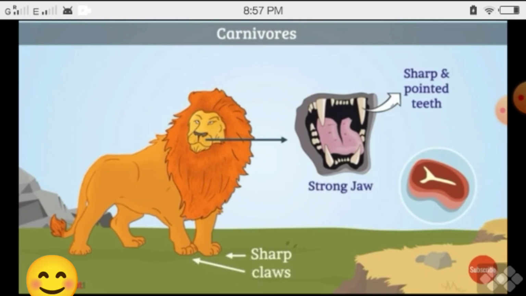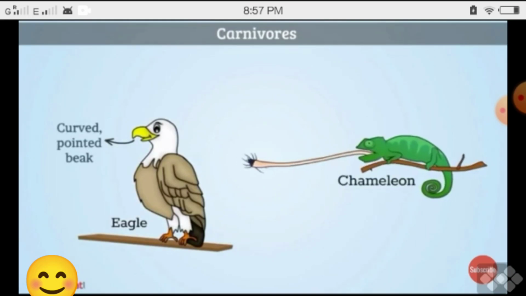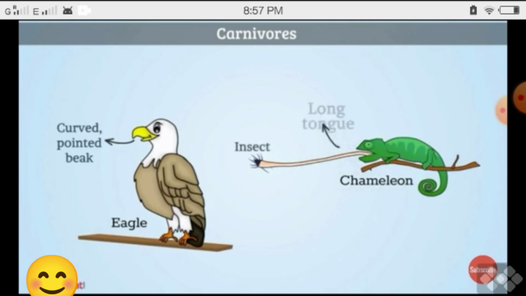They chew flesh with strong back teeth. Carnivore birds such as eagle have curved, pointed beaks for tearing the flesh. Some animals such as chameleon catch insects with their long tongue.